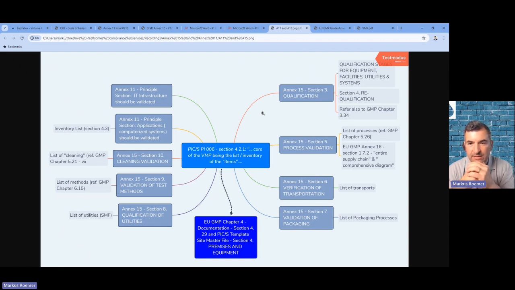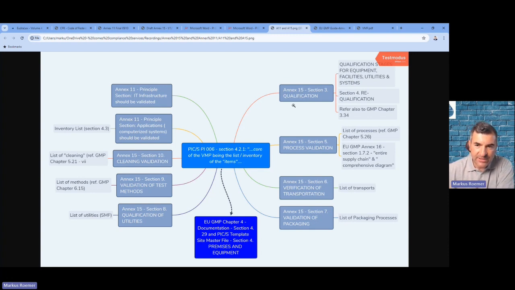I had something like this, but I was not finding it today, so I just wrote that today, especially for this session. So PI 006 says core of the VMP being the list inventory of the items. Sometimes I call it also validation objects. It doesn't matter. Okay, so let's start here on the right.